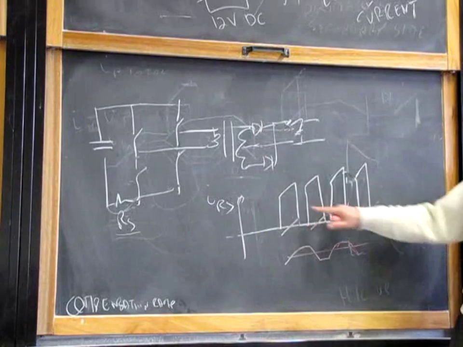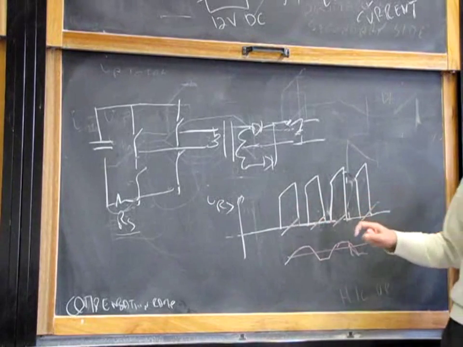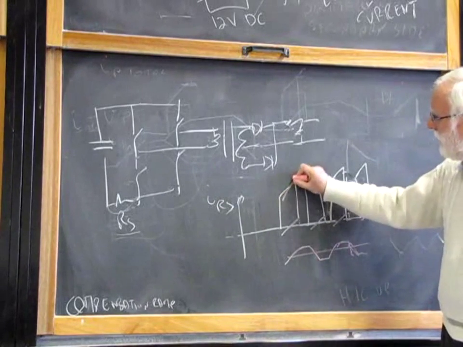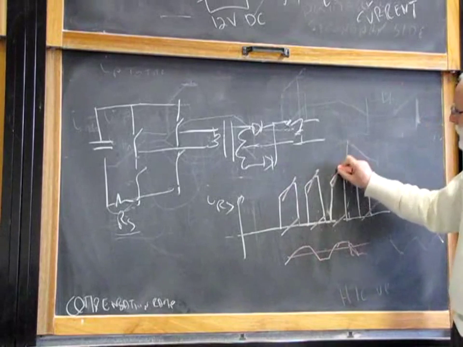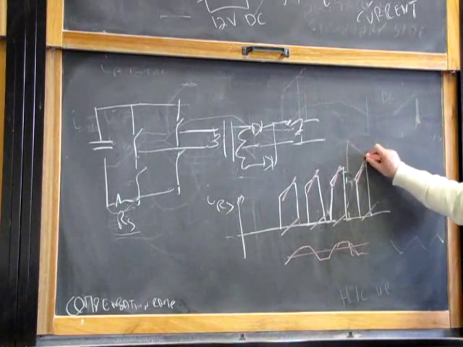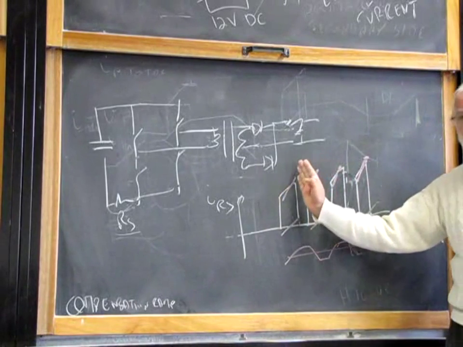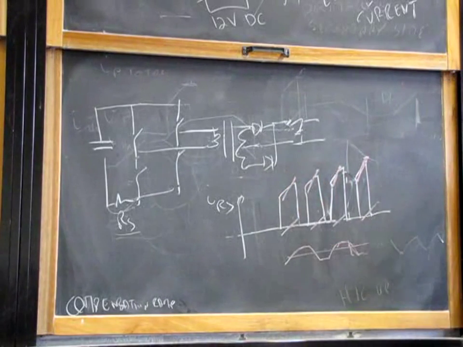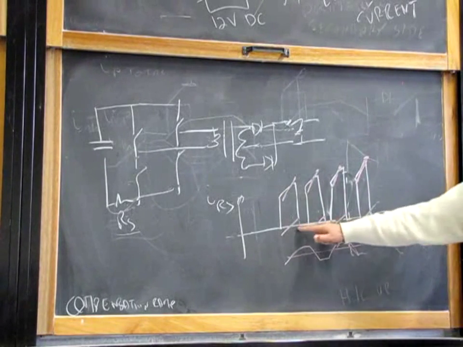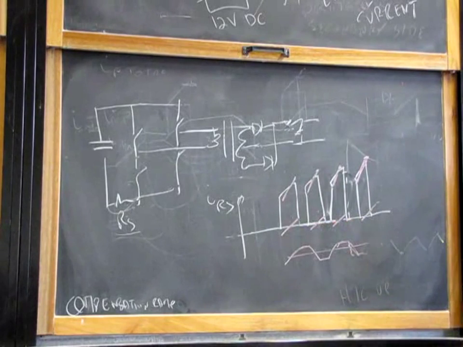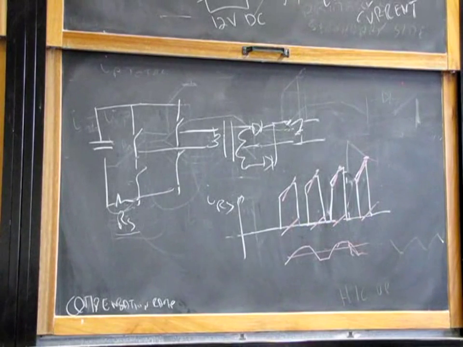This magnetizing current adds up to the primary current, and so we get the top waveform slightly more steep, ramping up faster. And this is basically a compensation ramp. It works like a compensation ramp because it's a current added to the measured current.